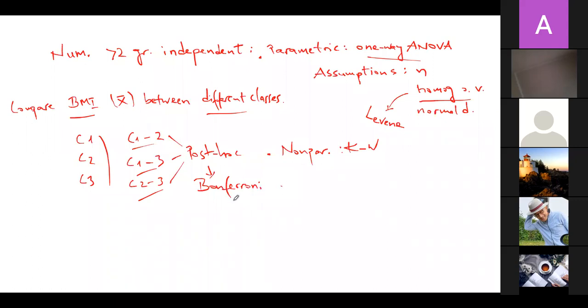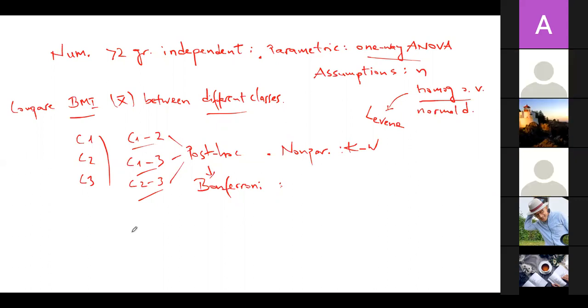But how was it calculated? There was a simple rule. The problem is that in the post-hoc comparisons, you increase the alpha error, because you have 1, 2, 3 alpha errors instead of only 1 alpha error in the ANOVA.